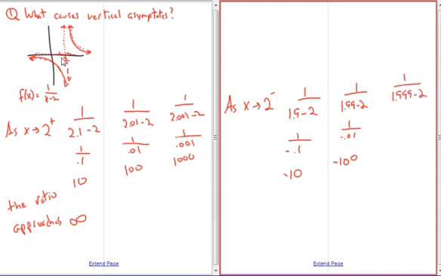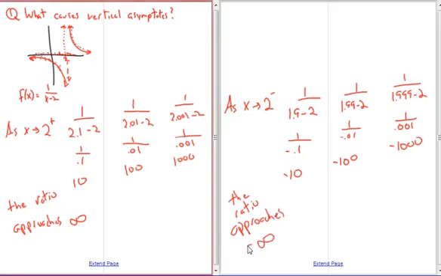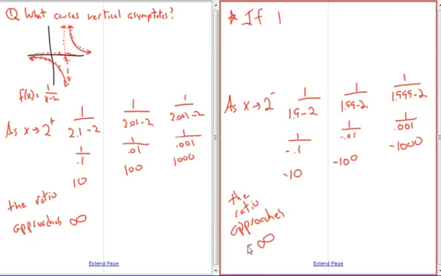If we get really close, 1.999, subtract 2 from that, and we get 1 over negative 0.001, and that's negative 1,000. As we can see here, as x approaches 2 from the left, this ratio is approaching negative infinity, which the graph agrees with.